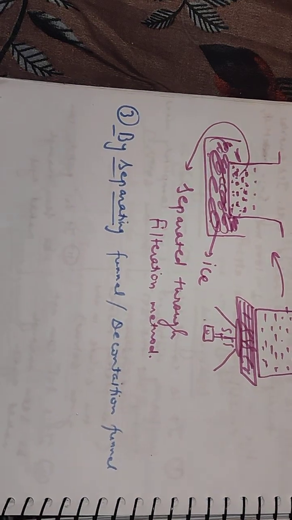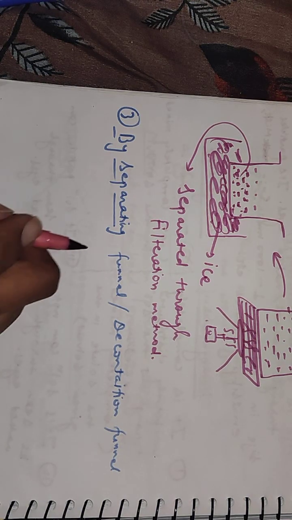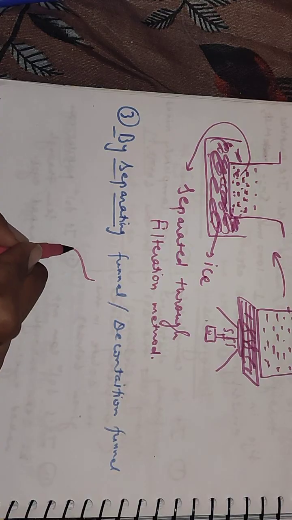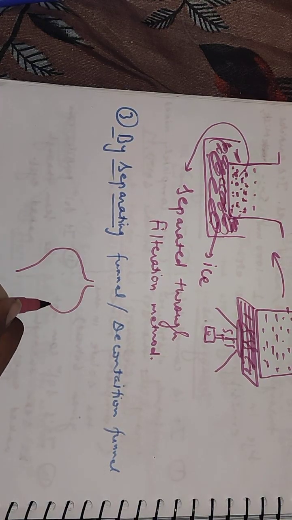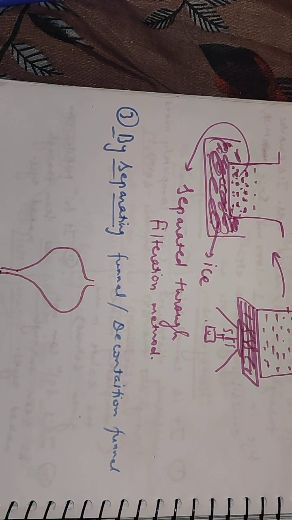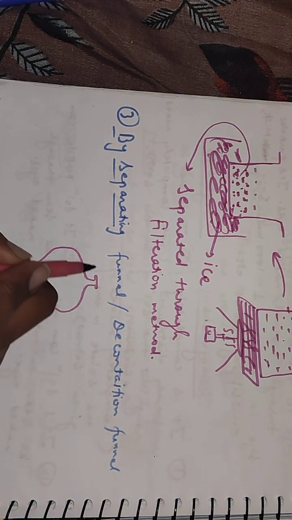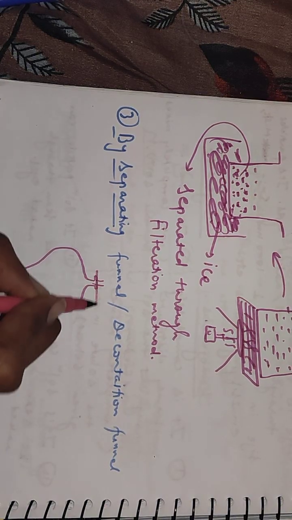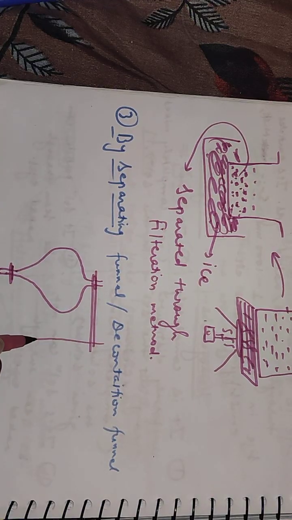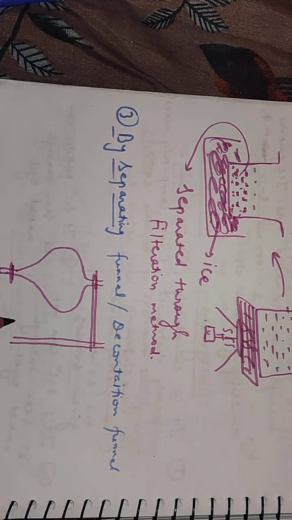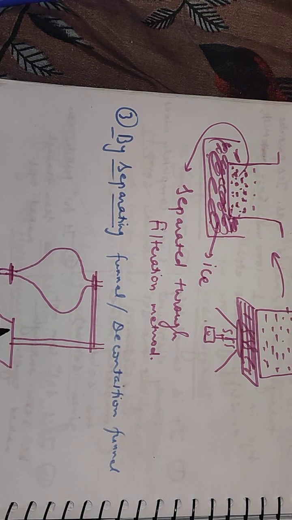In this mixture we take it like this, the separating funnel, and we place the cork on the top, and we stand it through the stand. These are the basic things available in your laboratory.